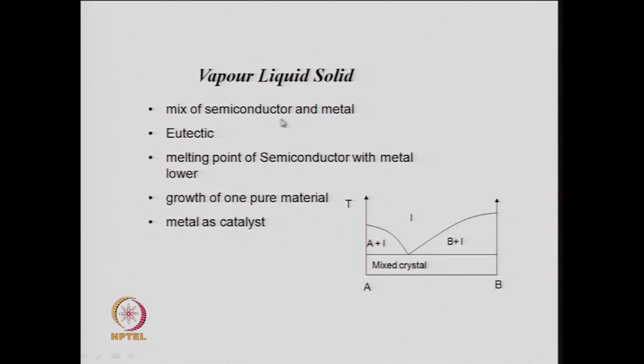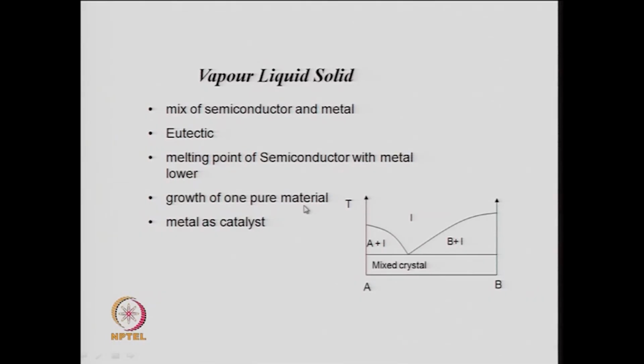So, when you take a mixture of a semiconductor and a metal and you get a eutectic, this eutectic has a melting point which is lower than the melting point of the semiconductor or metal, and the growth of only one pure material takes place.